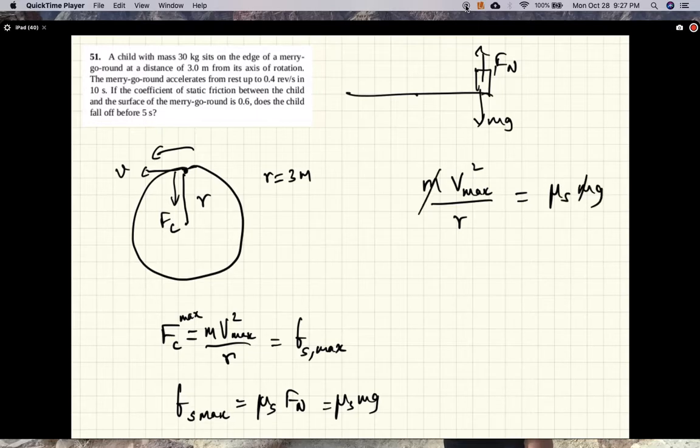The m cancels, and so v max is the square root of r mu s g.